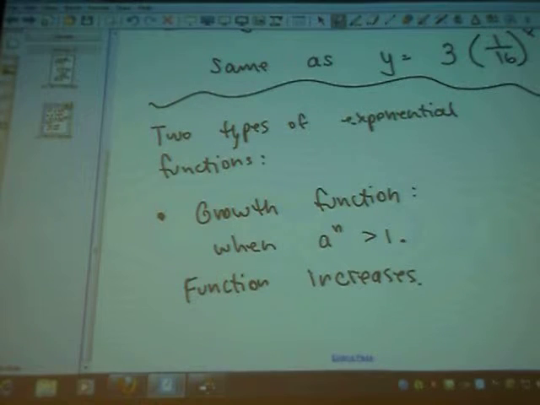Now the graph of that will generally look something like this. It starts off increasing slowly, and then it kind of shoots up as you keep multiplying. Your numbers just get bigger and bigger and bigger.